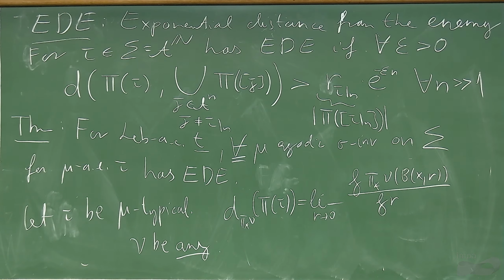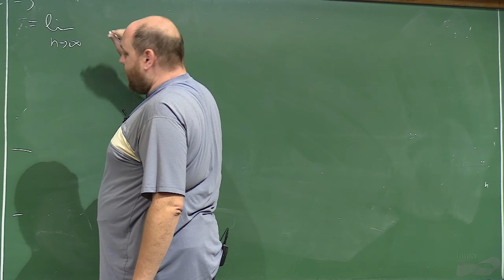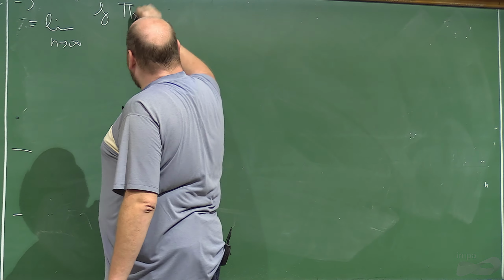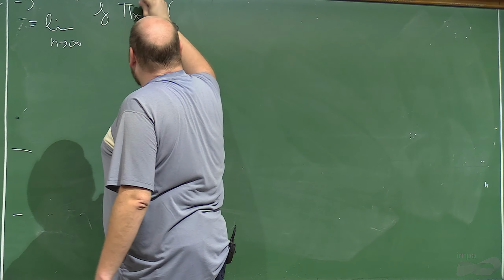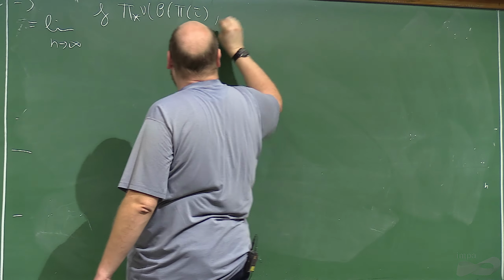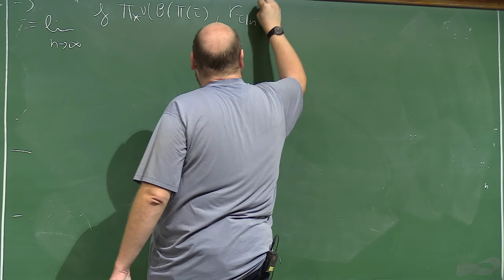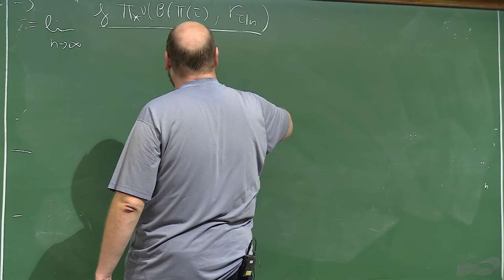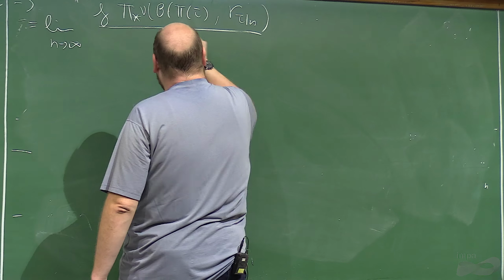So I can simply take the limit as n goes to infinity of the log of the nu measure of the ball at pi(I) with radius r_{i|n}, the diameter corresponding to the cylinder, divided by log r_{i|n}.